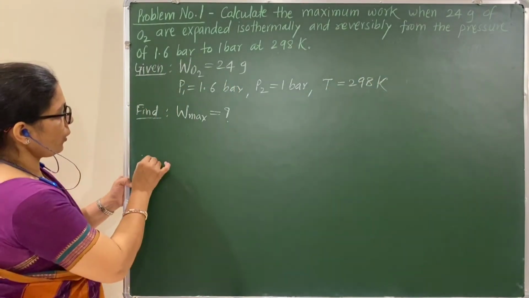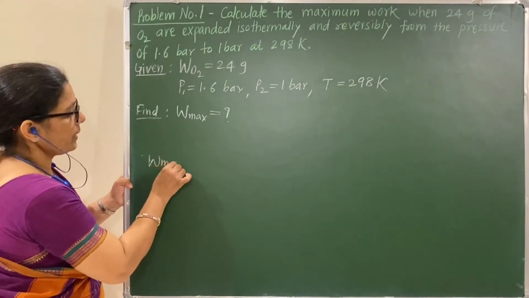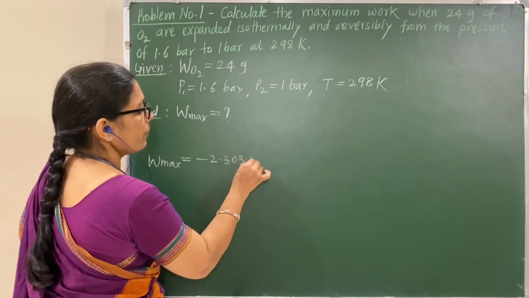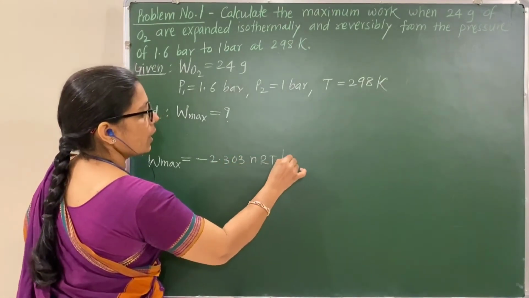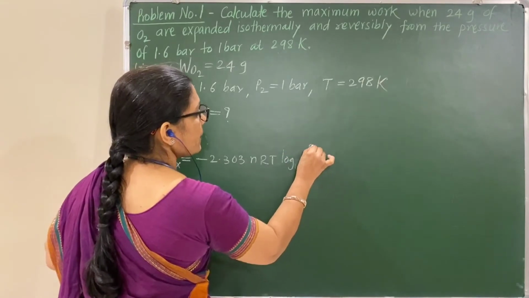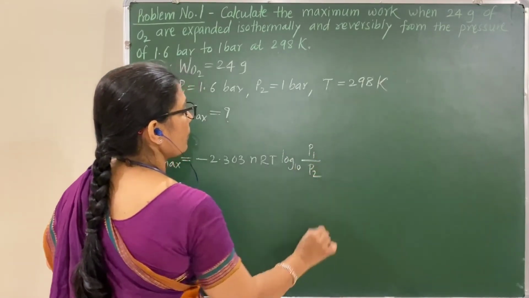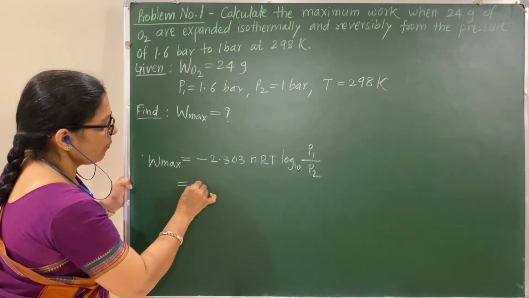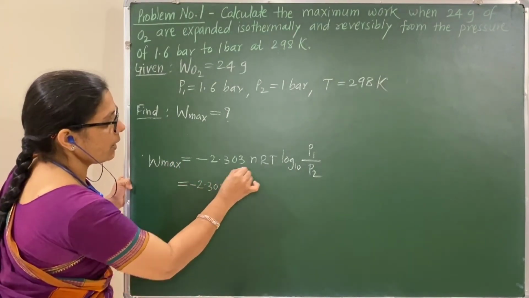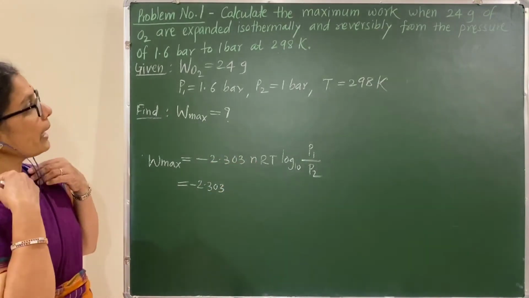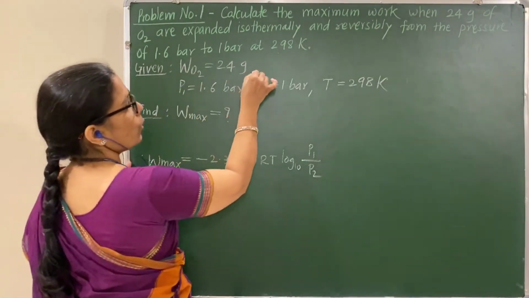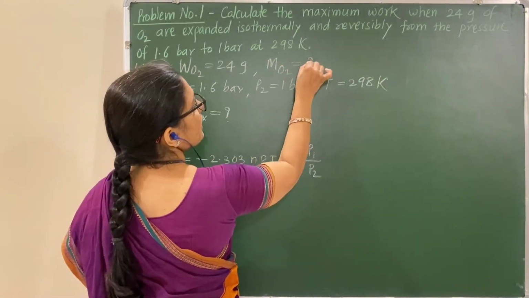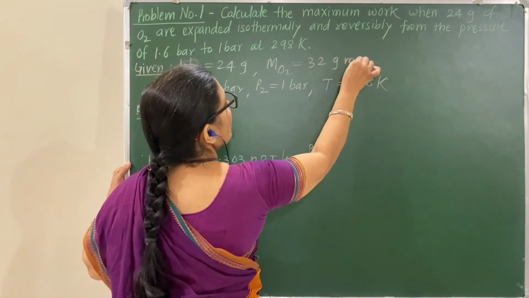Okay. Now the formula: W max is equal to minus 2.303 nRT log to the base 10, pressure is given, therefore P1 upon P2. Now substitute the values: minus 2.303 n. Now W is given, so first find the molar mass. Molar mass of O2 is 16 plus 16, that is 32 gram per mole.